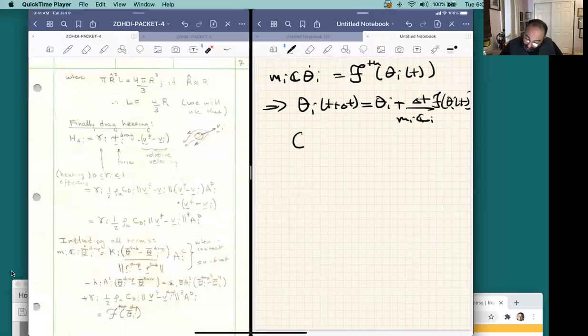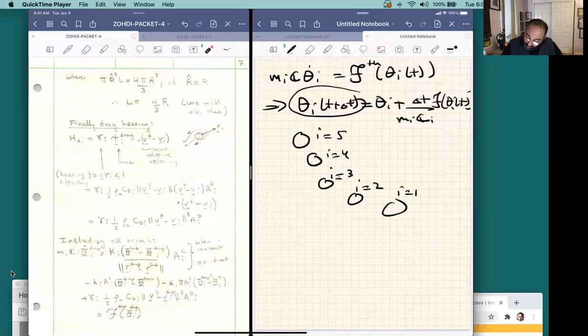So for every one of these objects in the system, i equals 5, i equals 4, i equals 3, i equals 2, i equals 1, we have to keep track of both the theta and the velocity and the position.